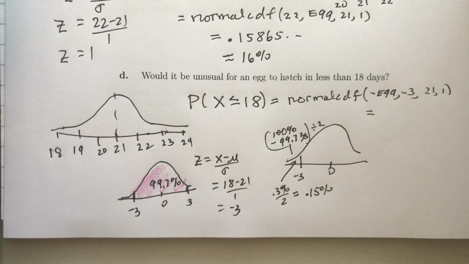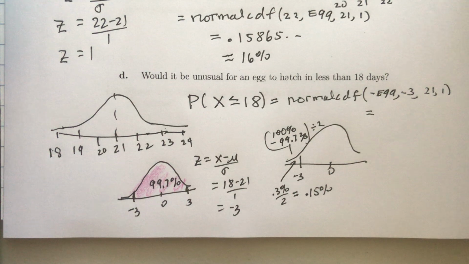Okay, the calculator is saying, did I do this right? Oh no, I pushed the wrong numbers in. Okay, sorry. Oh, gosh darn it. It's saying 0. It can't be that small. I just can't imagine that it's that small.